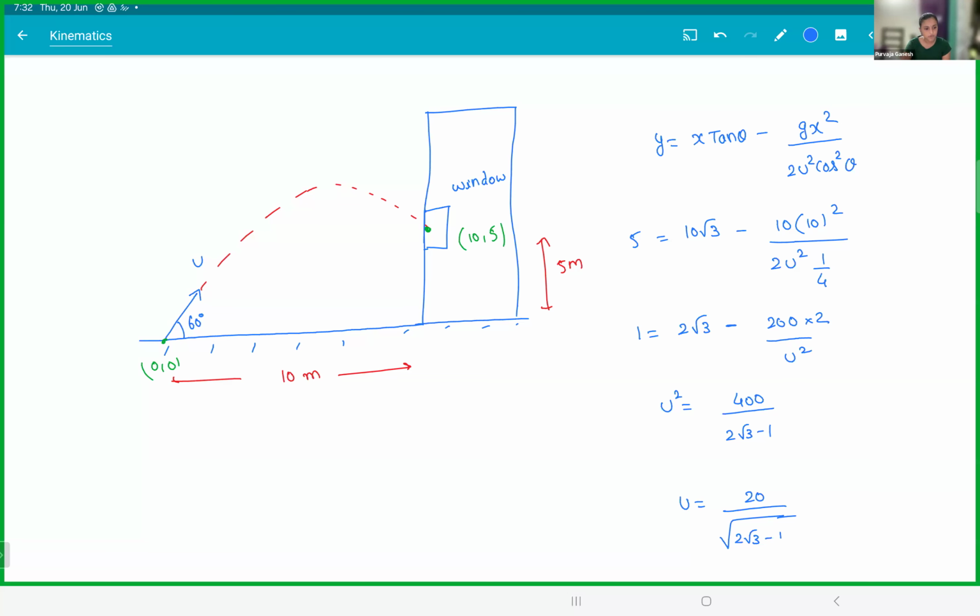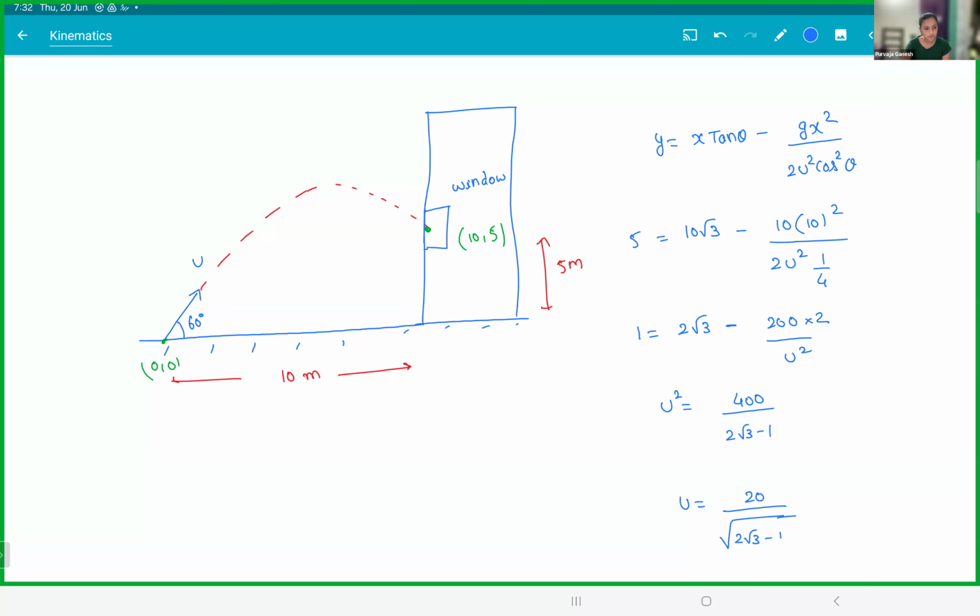If I integrate this, I end up with x square by 2 tan theta minus x cube by 3r tan theta. Limits are going from 0 to r. Substitute, and you end up with r square by 6 tan theta. So this is the area under the trajectory, which is r square by 6 tan theta.